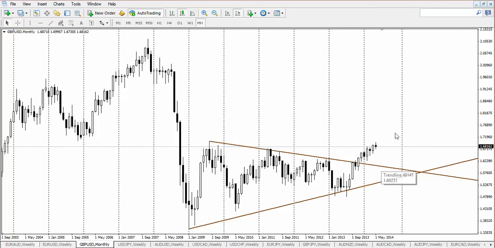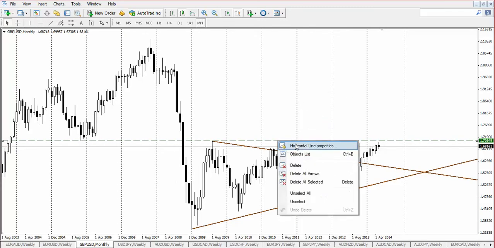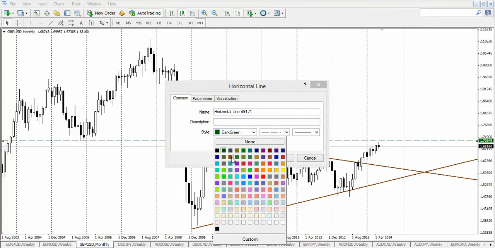Long term, I think this will probably go up, but we might get a retrace back down here. We're also at significant monthly resistance, which is shown by this dashed brown line now.